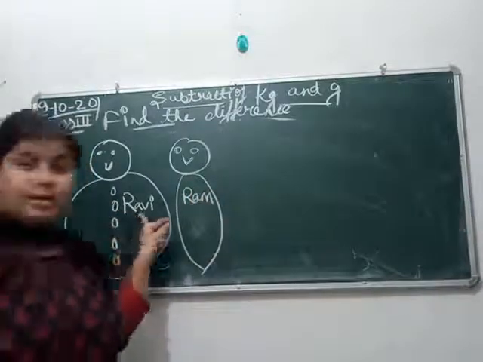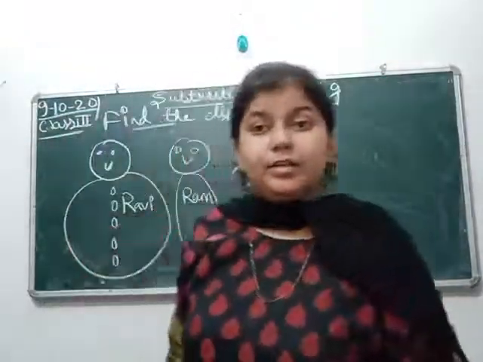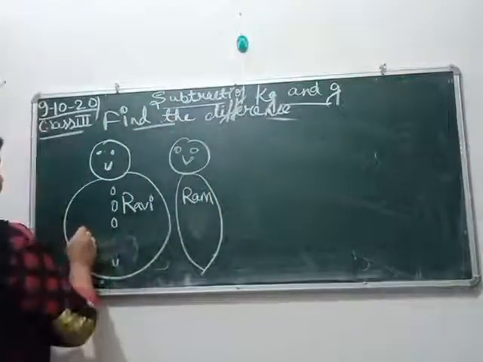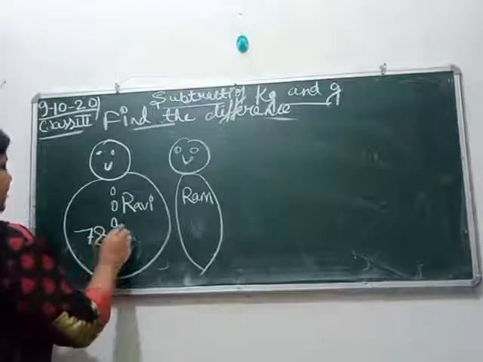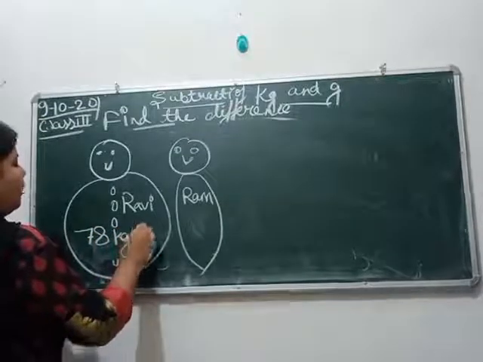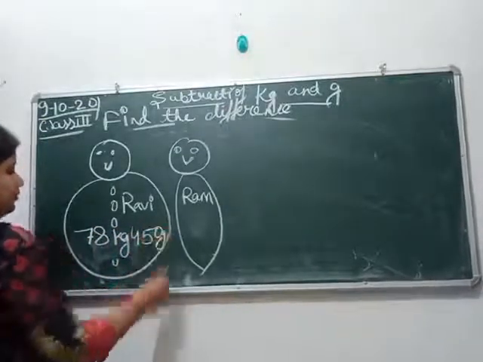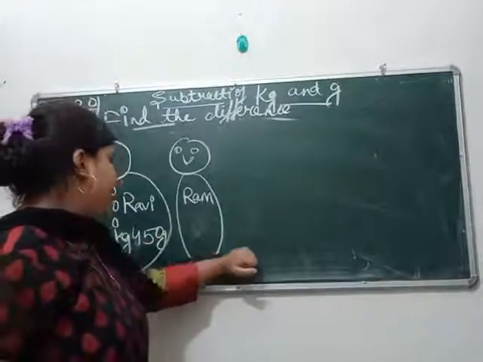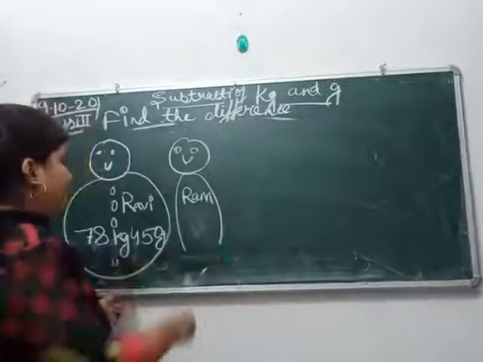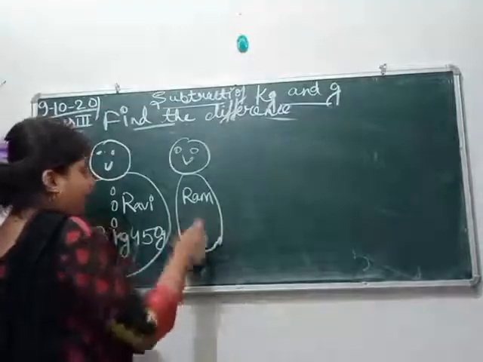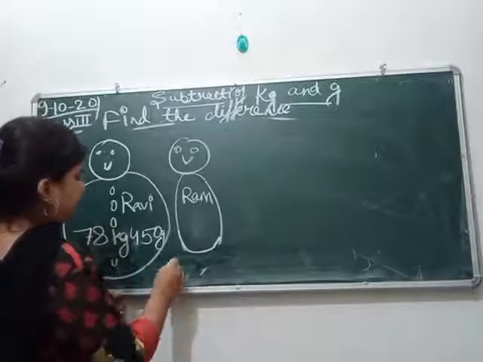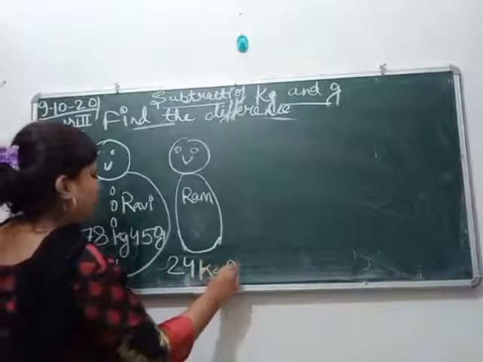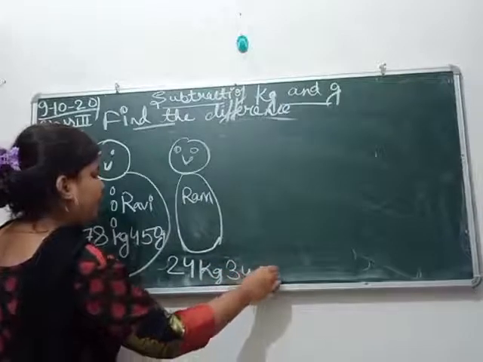Ravi's weight is 78 kg 450 gram. And now the weight of Ram is 24 kg 340 gram.